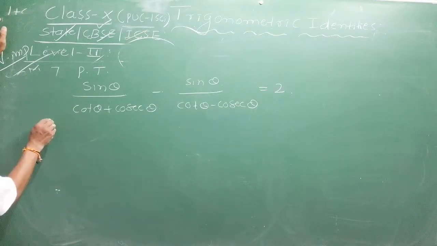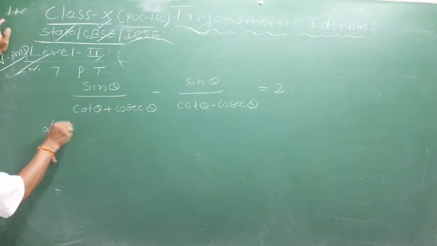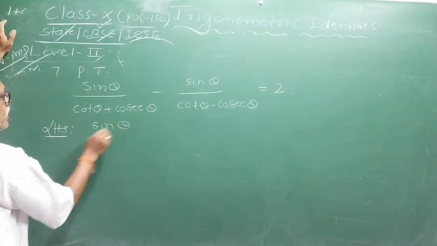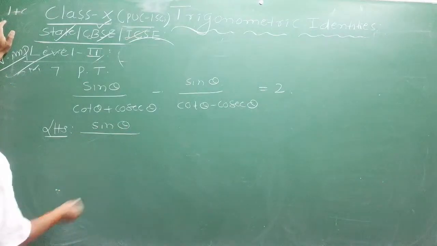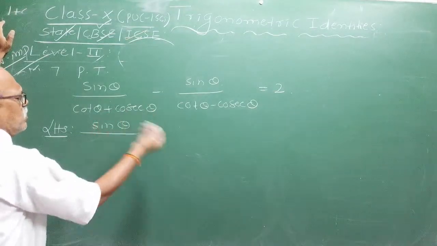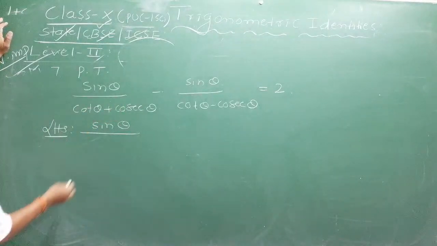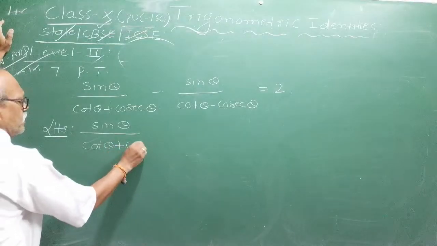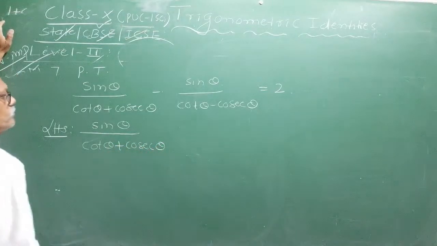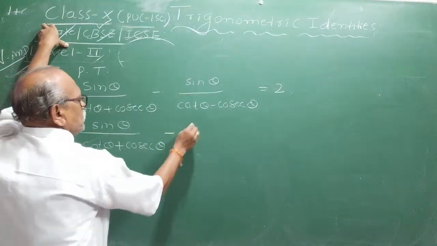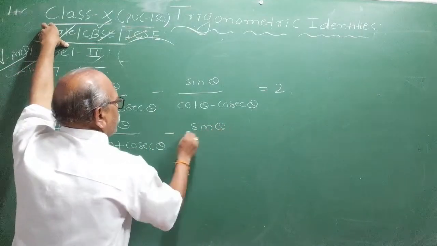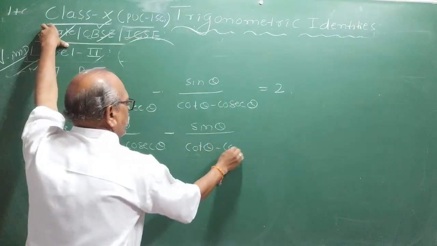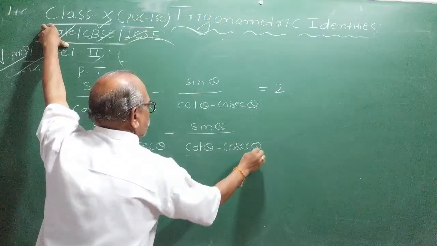Take LHS. The hint is very simple: take LCM. LHS is sin theta upon cot theta plus cosec theta minus sin theta divided by cot theta minus cosec theta.